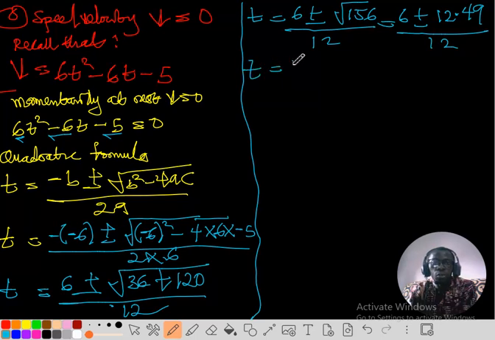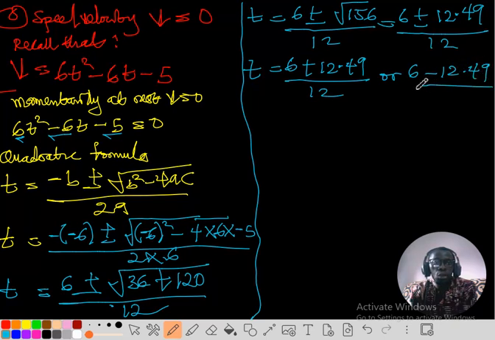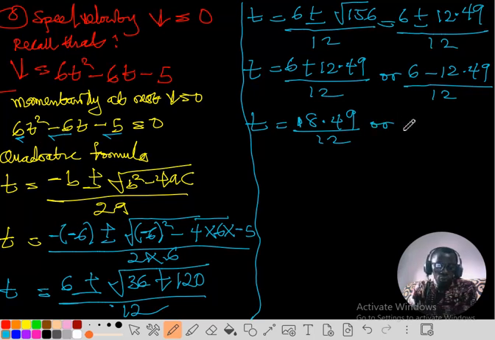That means t here will be 6 plus 12.49 over 12, or 6 minus 12.49 over 12. The positive value gives the answer for the time. T will now be 6 plus 12.49, which is 18.49 over 12, or 6 minus 12.49, which is minus 6.49 over 12.